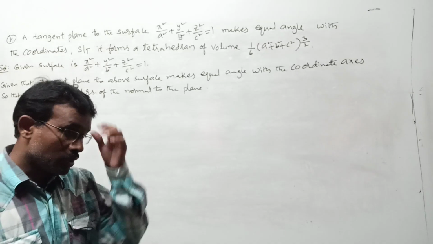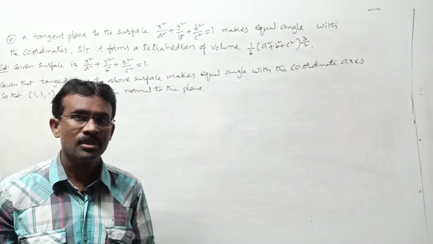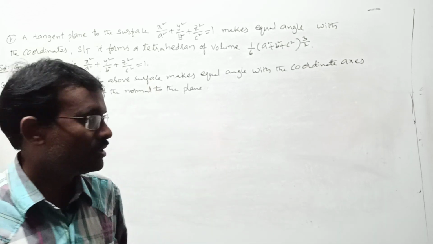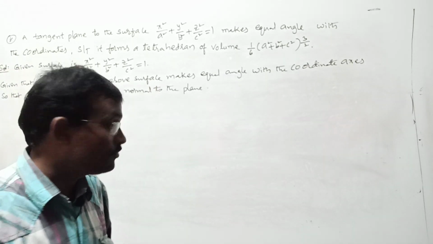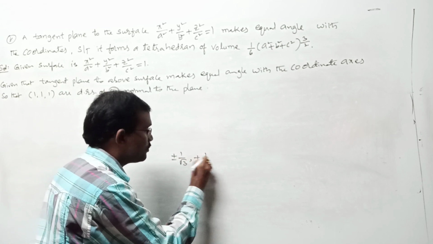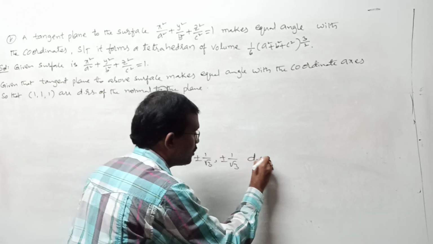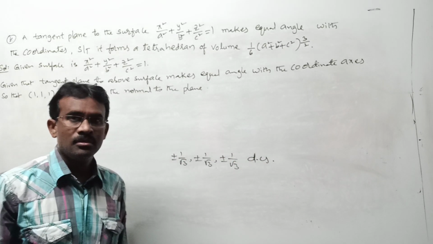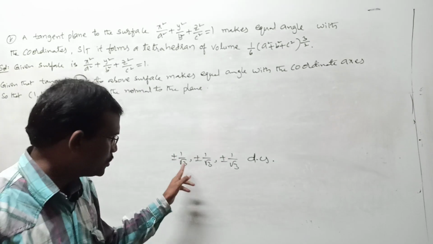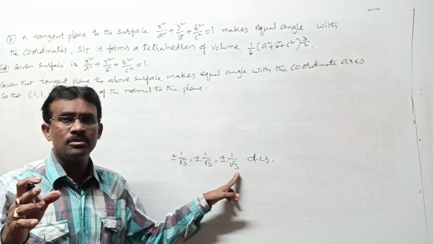Actually, in the coordinate system, whenever one line is making equal angles with the coordinate axis, then the direction cosines of that line are plus or minus 1 by root 3, plus or minus 1 by root 3, plus or minus 1 by root 3. If a line is making equal angles with the coordinate axis, this we proved in cones, right circular cone.